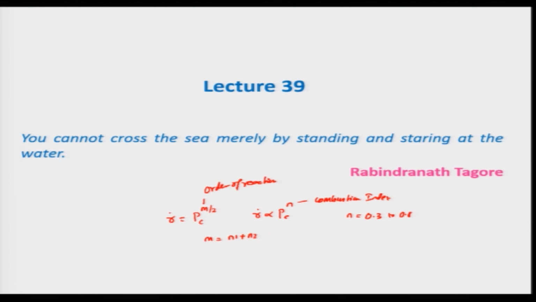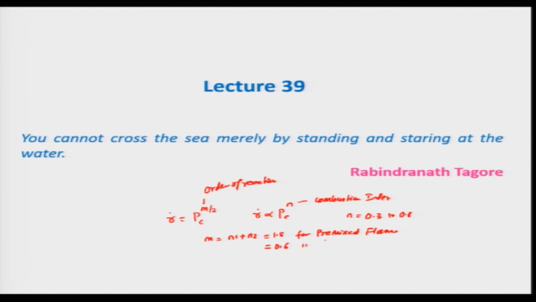For pre-mixed flame, n will be around 1.8 or less than that, whereas for diffusion flame this will be around maybe 0.6.